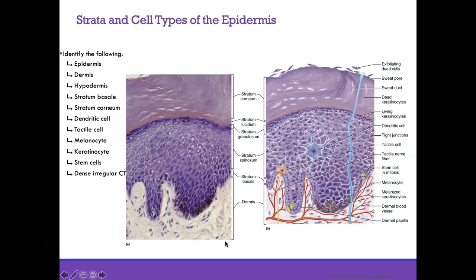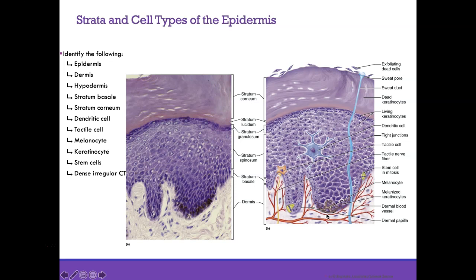So here, starting from the bottom, we have the dermis. This is the papillary layer of the dermis with these dermal papillae. You can see this is the stratum basale, which is the basal layer. Here's a stem cell in mitosis. These are supplied by blood vessels in the dermis.